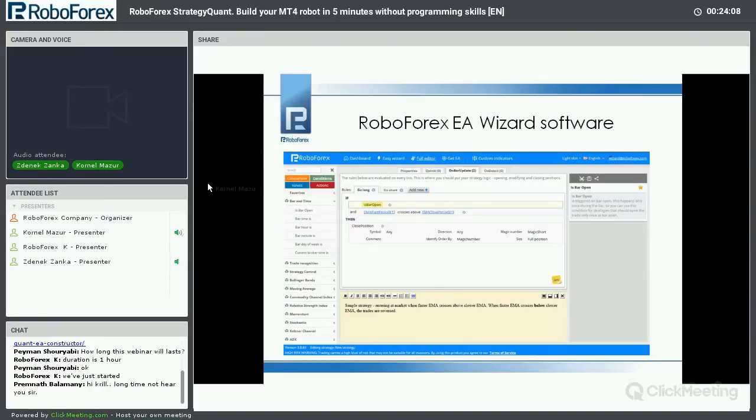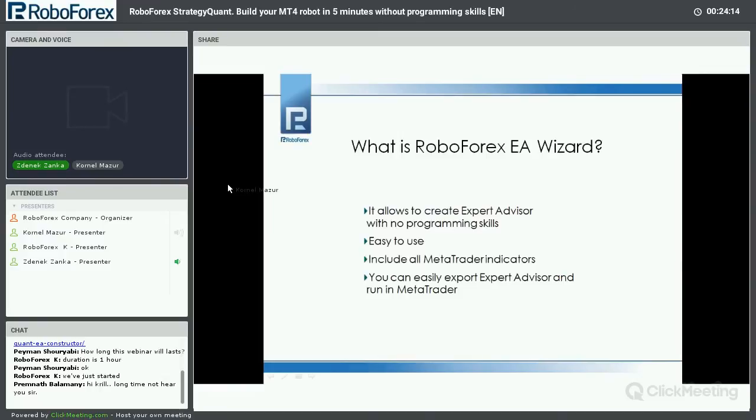So what is this software about? Let's click to the next slide. It allows you to create expert advisors with no programming skills, literally none. It's easy to use. We spent so much time to make it easy to use and stable, and I will show you some examples later so you will see that you will be able to work with it.